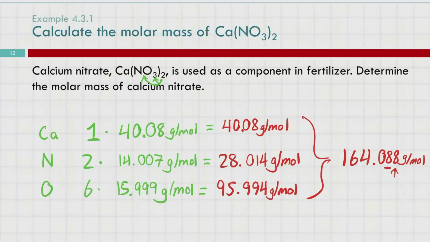So if you're using the numbers on your yellow sheet, for example, you should always have enough decimal places that it's not going to limit our significant figures for our calculations. Even in this case, using the 40.08 from the periodic table in class, we still have 5 significant figures. More often than not, that's not going to be a limitation, so we don't need to do significant figures calculations for molar masses.